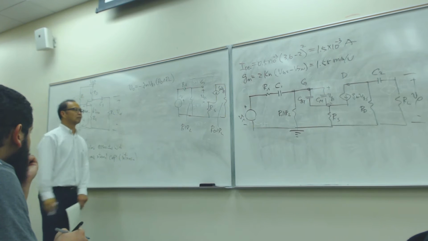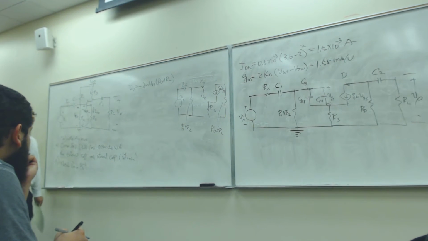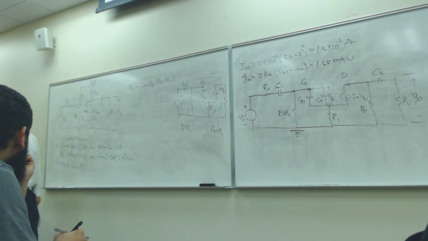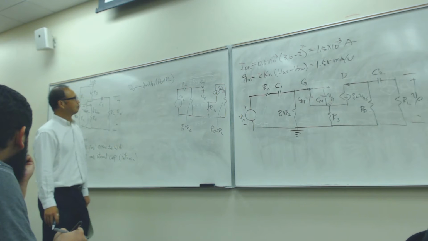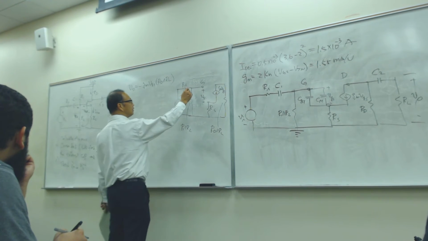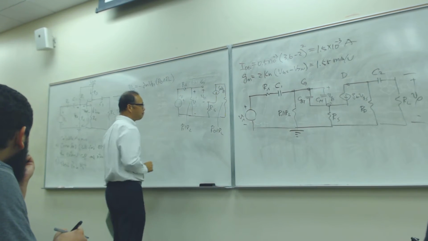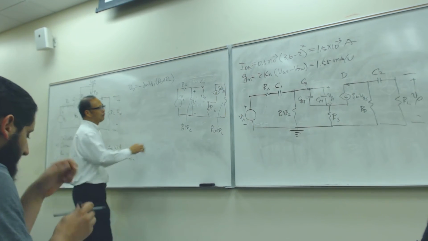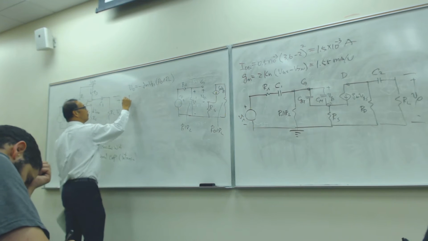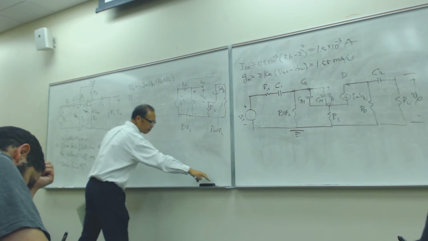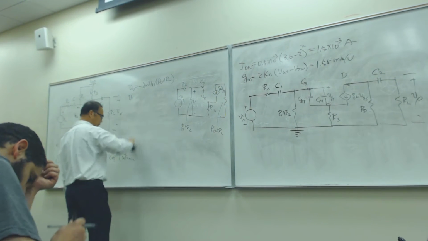Under the ideal condition. Okay. So V sub I. Let's call this V sub prime. Can I call this V sub prime? Okay. So V sub prime is a portion of V sub I, based on the voltage divider rule. Yes?